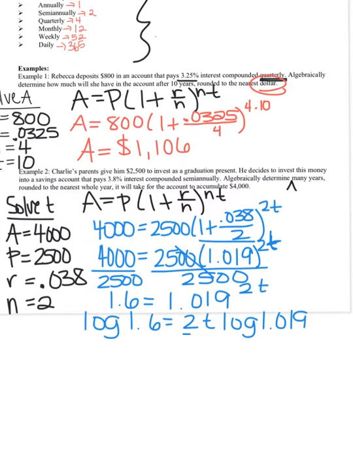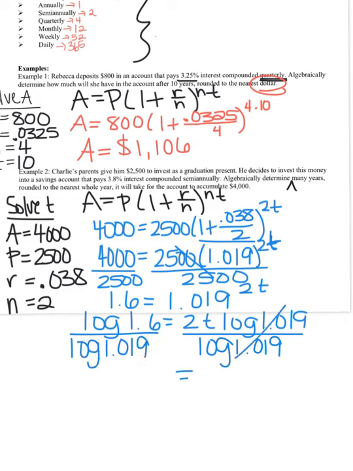Now you're going to divide by the log 1.019. Now before, when you divided the logs away, you ended up with your answer. In this case, you're going to end up with nt. In our case, n is 2, so we're going to have to do an extra step after dividing. So log of 1.6 divided by log of 1.019. Again, that's not your final answer, so you're going to write 5 decimals: 24.97129.